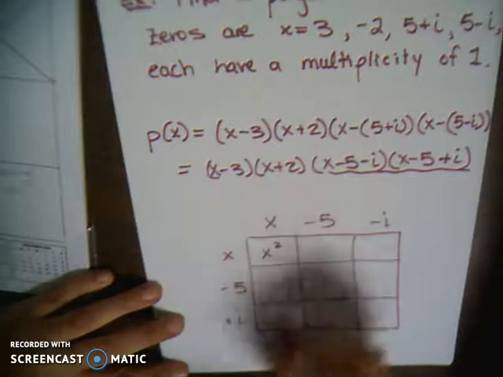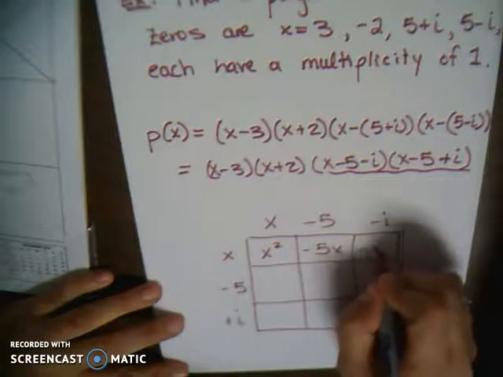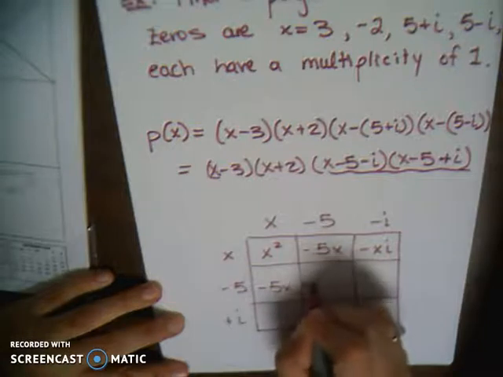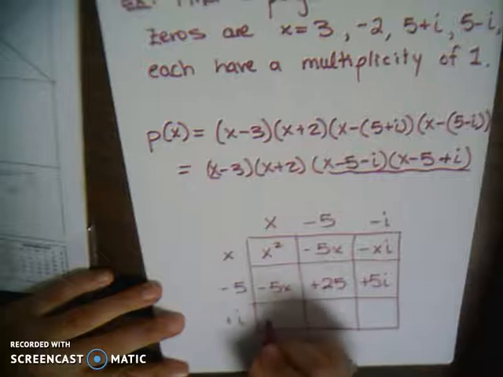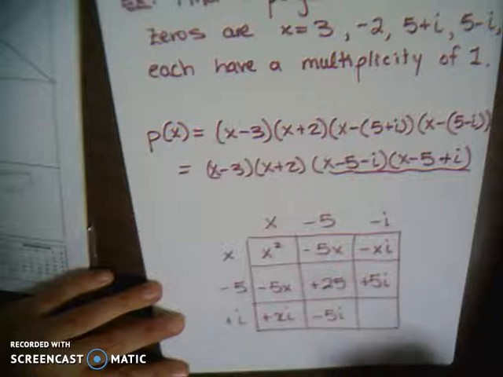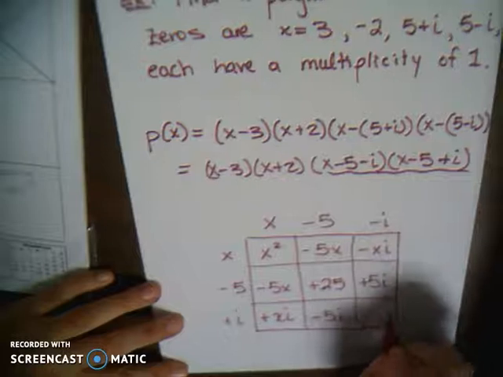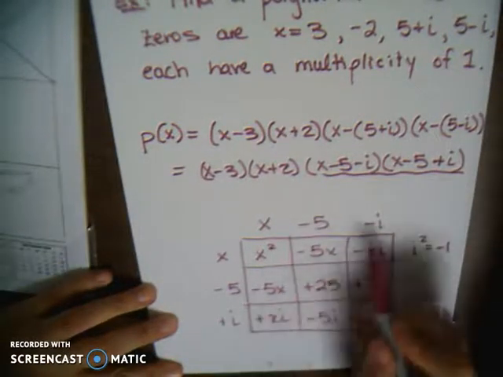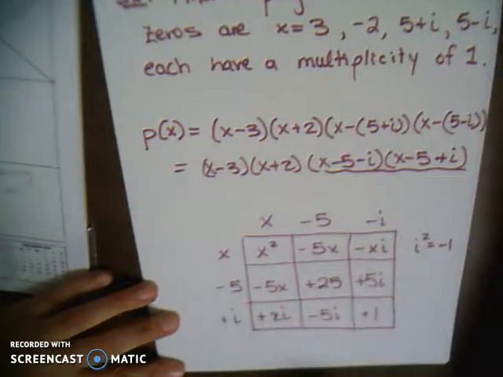So this is going to be x squared minus 5x minus xi. And then minus 5x plus 25 plus 5i. And then plus xi minus 5i and minus i squared. But remember, i squared equals negative 1, back from chapter 3. So I'm going to have negative i squared, which means I'm really going to have a plus 1.